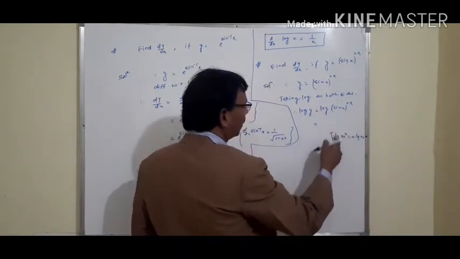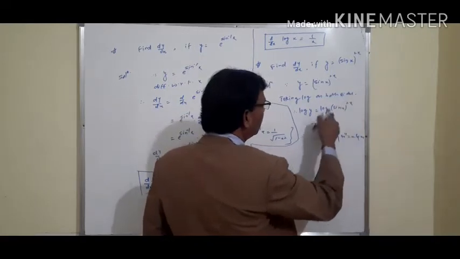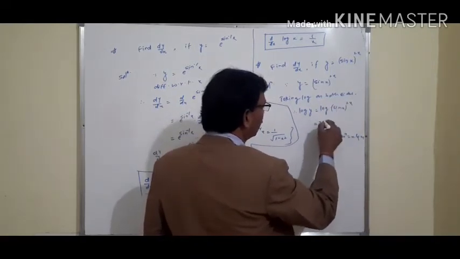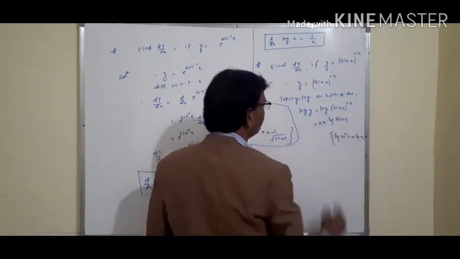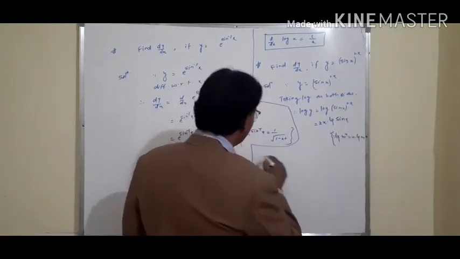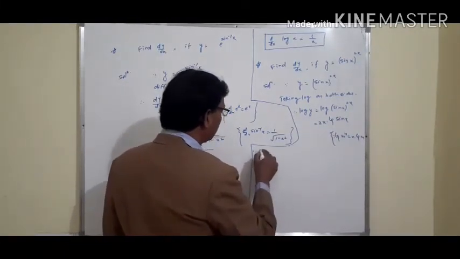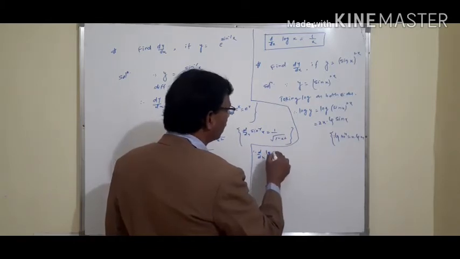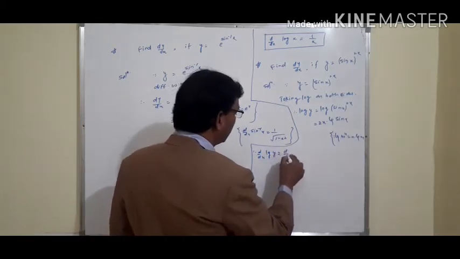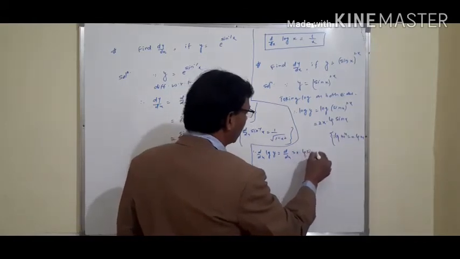This is in this form log m to the power n, that means n will come into the product, that means 2x into log of sine of x. Therefore, differentiating on both sides with respect to x, dy dx of log y equal to dy dx of 2x into log of sine of x.